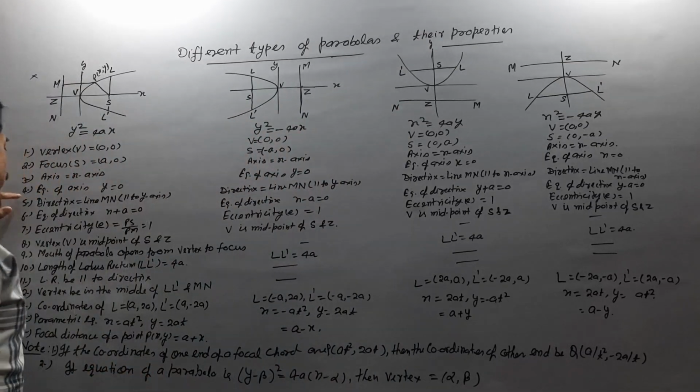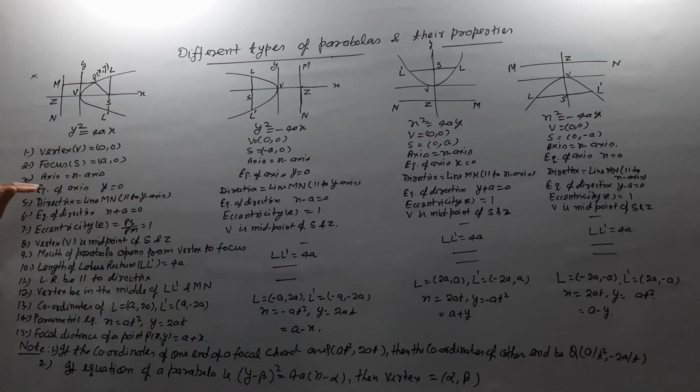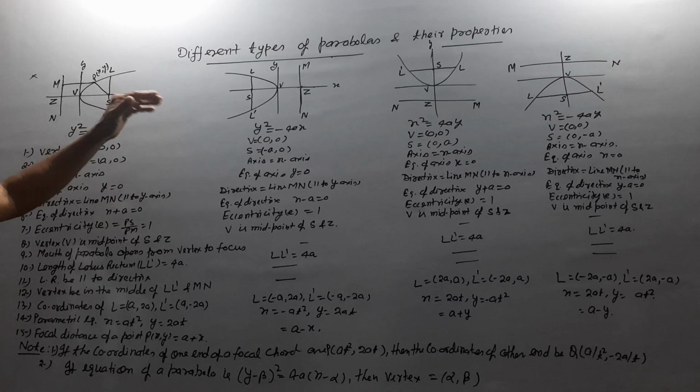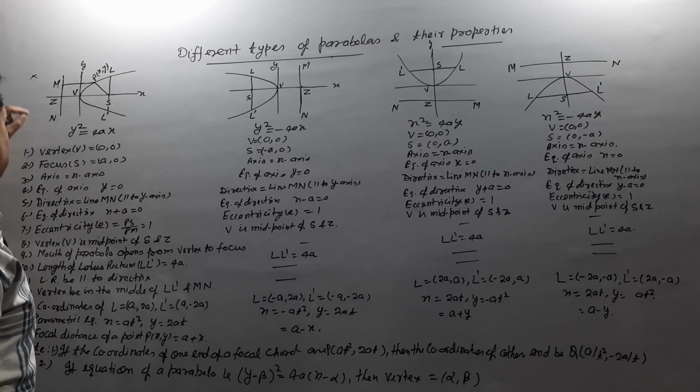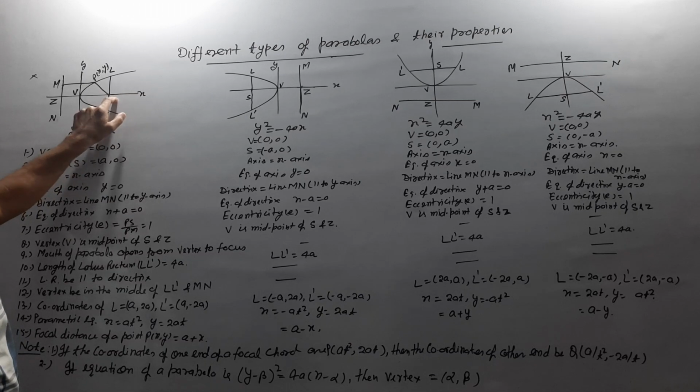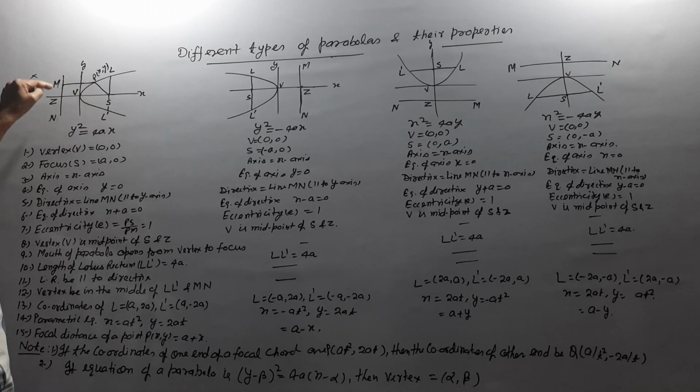Next, third point, the axis of the parabola. The axis of the parabola is this. In the definition of a parabola, we know that the axis is the line through the focus and perpendicular to the directrix.